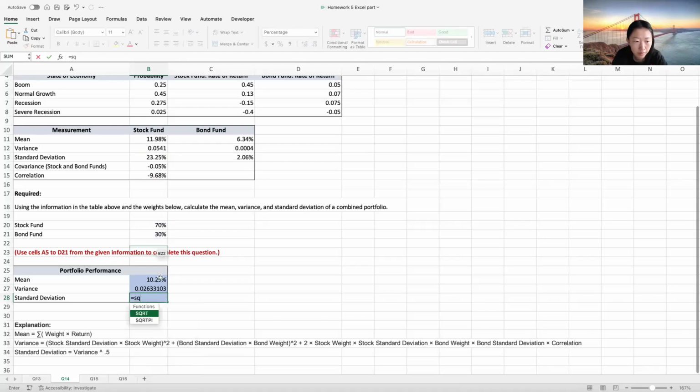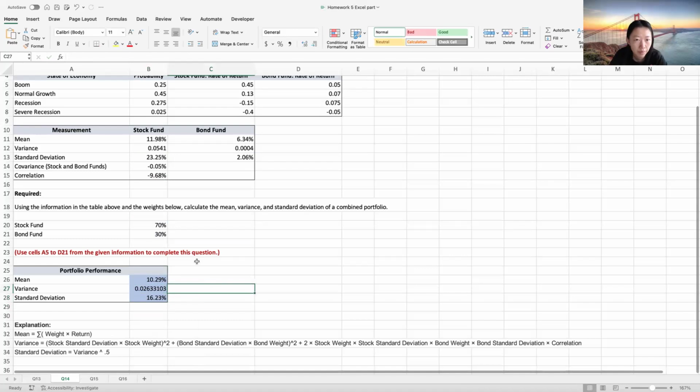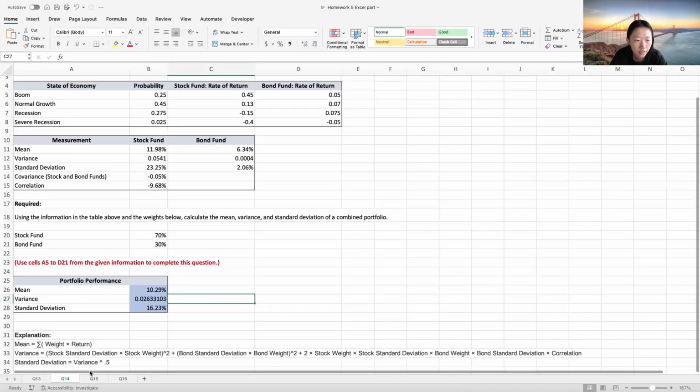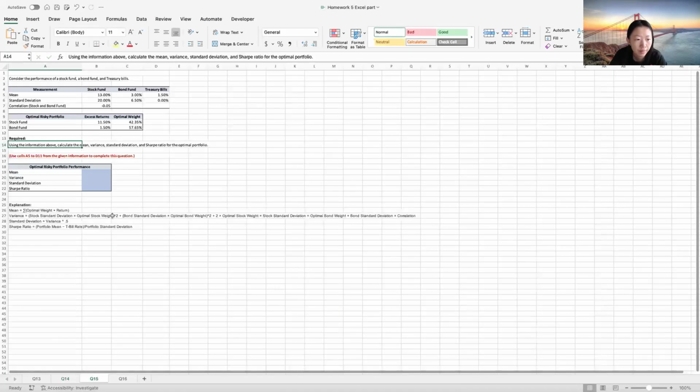Then the square root of variance equals 16.23%. All right, so that will be question 14.